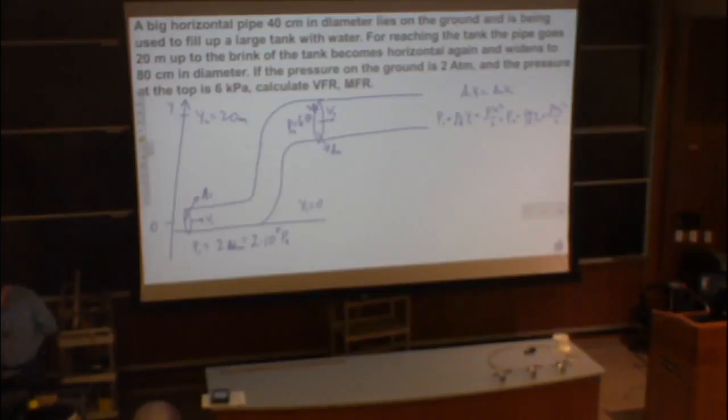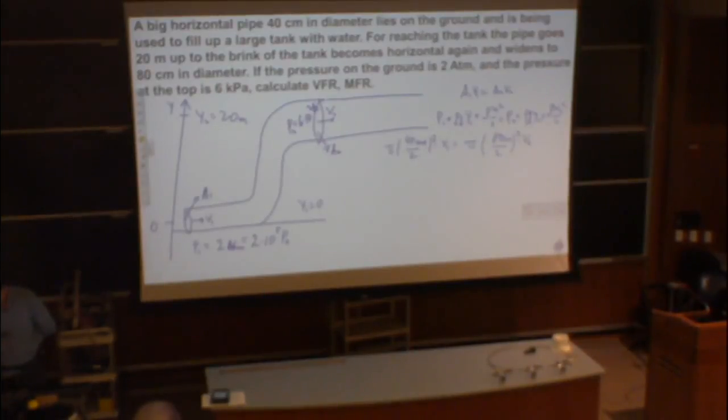So now let's use numbers. So the continuity equation says pi times 40 centimeters divided by 2 squared times the first speed should be equal to pi times 80 centimeters over 2 squared times V2. Any questions? Why do I like this expression? Because again, I can cancel a lot of things immediately.